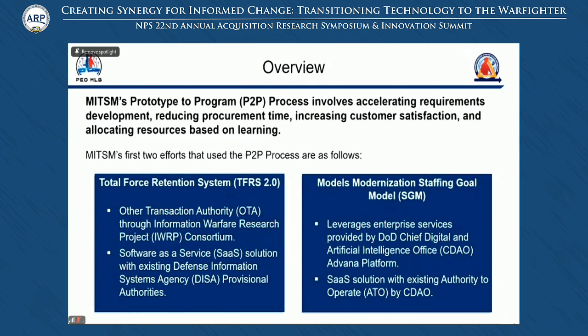What's really cool about this effort is that it leverages the existing enterprise services provided by CDAO Advana Jupiter platform. The C3 AI technology is already ATO'd. Advana Jupiter already has the data sources we need, and the CDAO has an OTA agreement in place for us to order off of to get the services for configuration. This effort delivered an MVP into production in just 6 months.